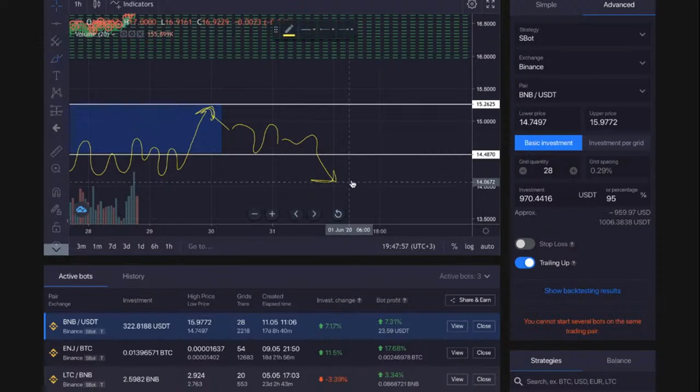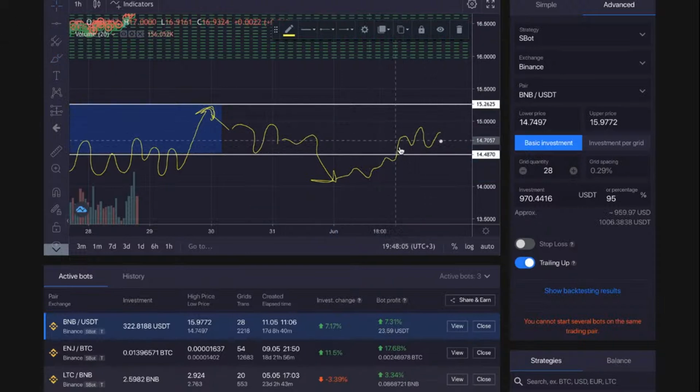And let's say from that point the price then bounces off and again it re-enters the trading range. So at the point when it re-enters the trading range, the trading will continue once again.